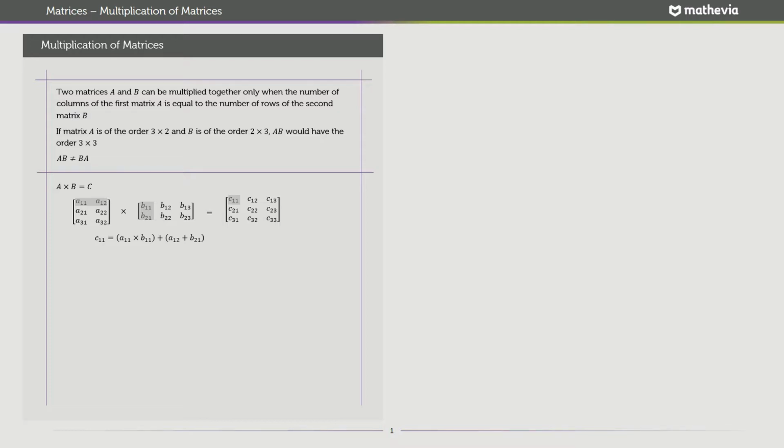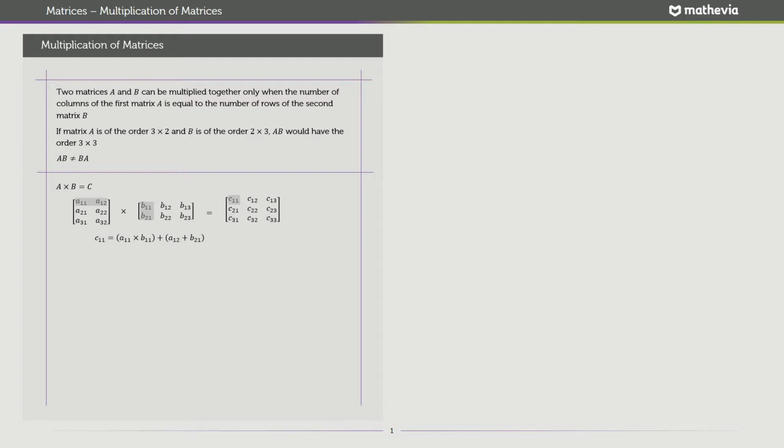So A11 goes with B11, and A12 goes with B21, and then you add your results together, and that's how you get C11. It looks a bit complicated, but when you actually start working the multiplication, you find that it's really easy. You just do A11 times B11, A12 times B21, and then add your results together.